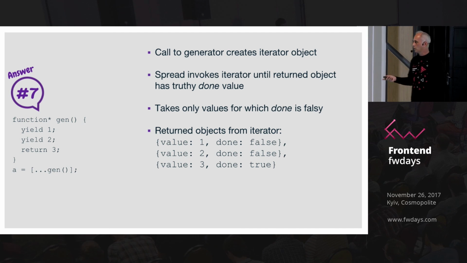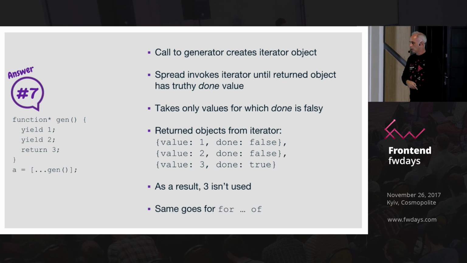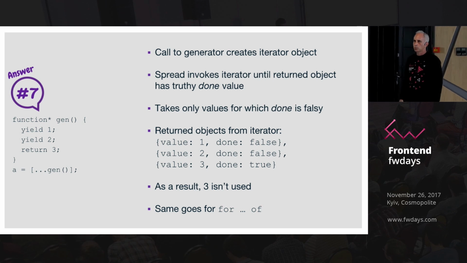And since spread only goes as long as done is false, it will actually ignore the last object returned. So the return 3 actually does do something, but spread basically ignores that value. And the same is true, by the way, about for of. If you use for of, you will get the exact same behavior as the spread operator.